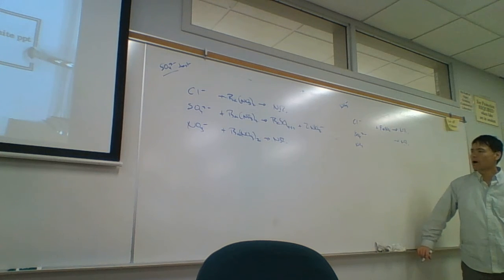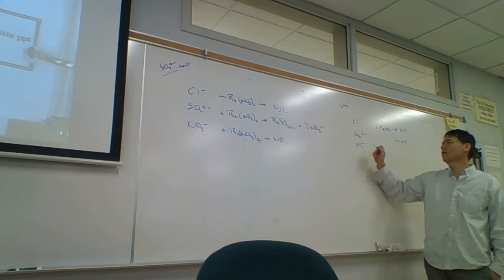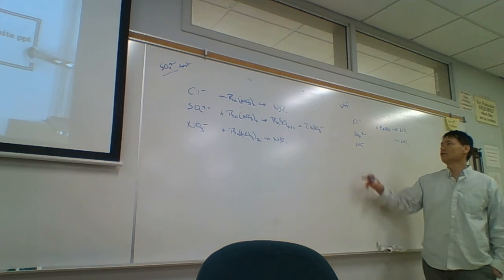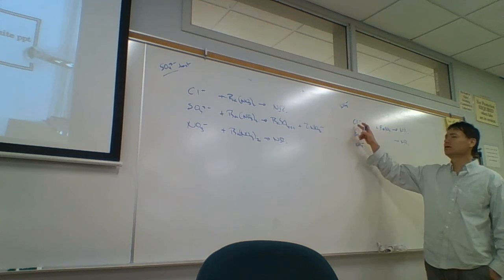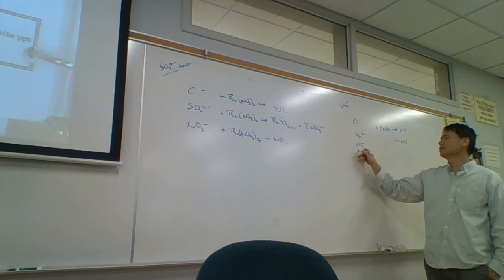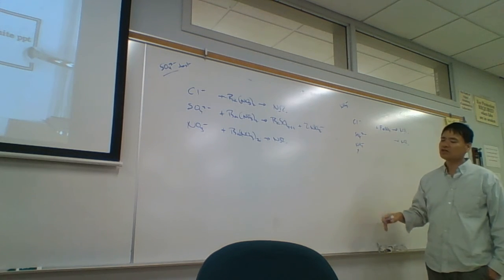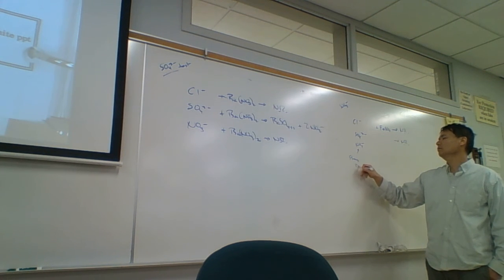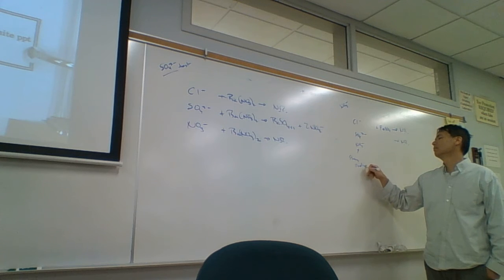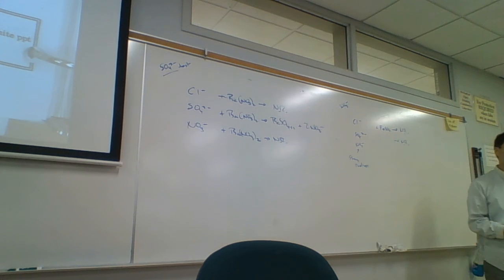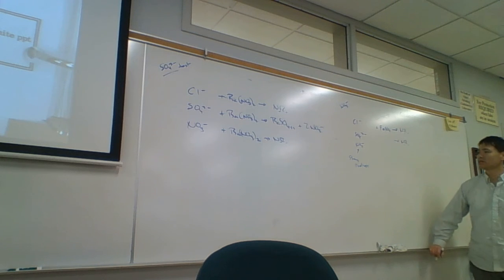But there's one more property of nitrate. That one more property of nitrate is a strong oxidizer. Sulfate isn't that strong of an oxidizer, and chloride isn't at all an oxidizer. And so this one has one additional property of being a strong oxidizer. And so we have to watch out for oxidation reduction type reactions.